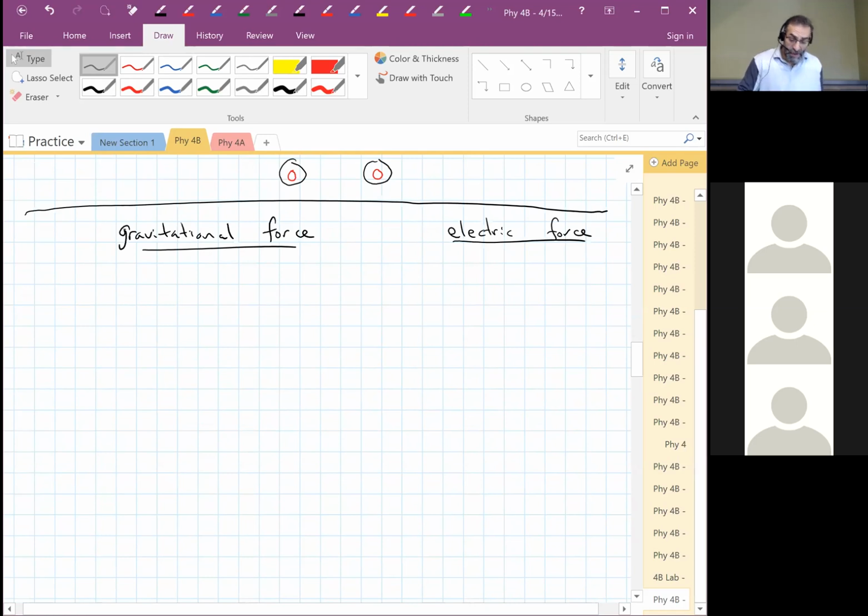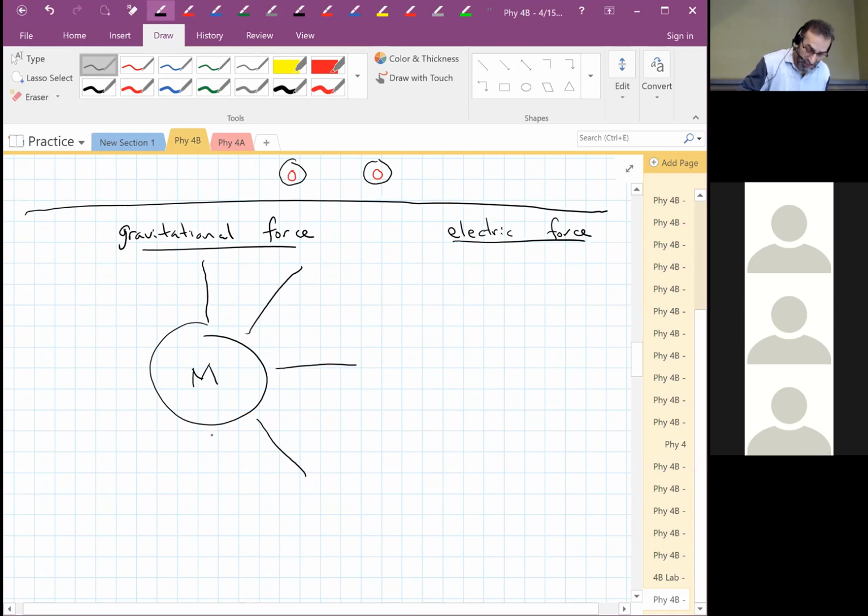Our model tries to help us picture how two objects can interact when they're not touching each other, and that's fields. We say some massive object fills the space around it with a gravitational field. So we draw these field lines. And then we say any other object with mass interacts with that field, and it feels a force because of that interaction.